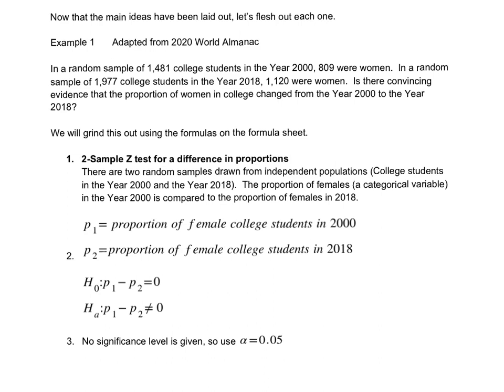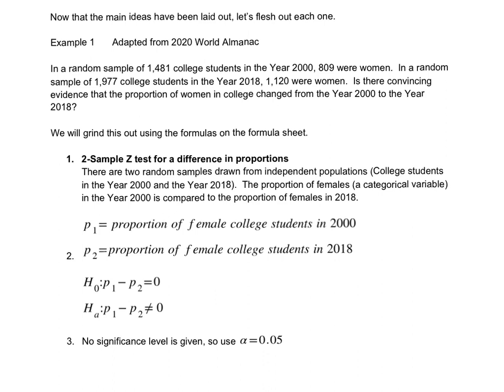We take samples. We probably can do this as an observational study. We don't need to run an experiment. We just look at the data from 2000 and 2018, and we choose 1,481 random college students from 2000, and it turns out that 809 were women.